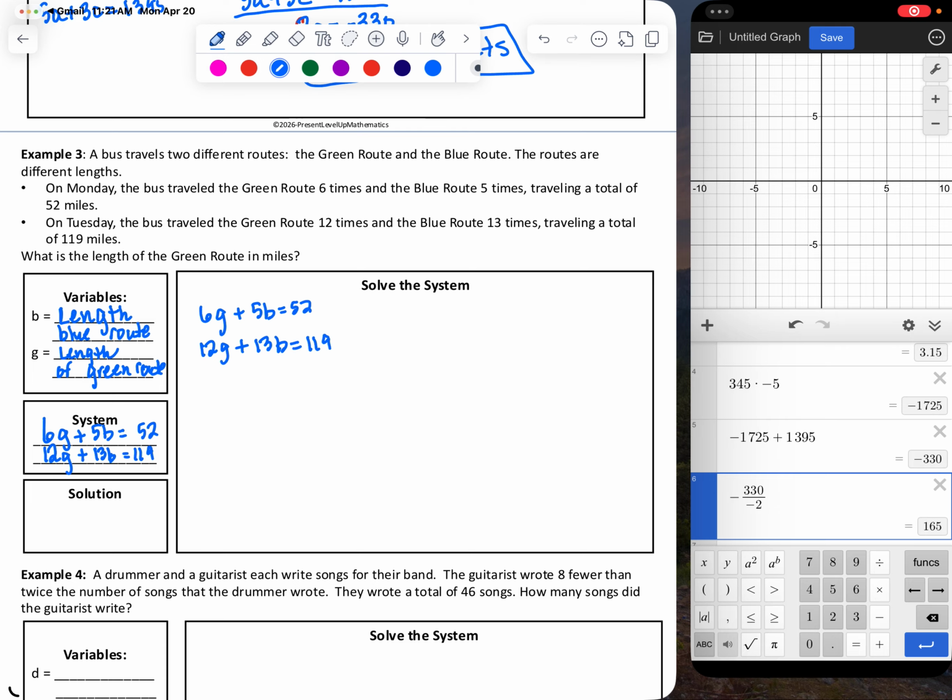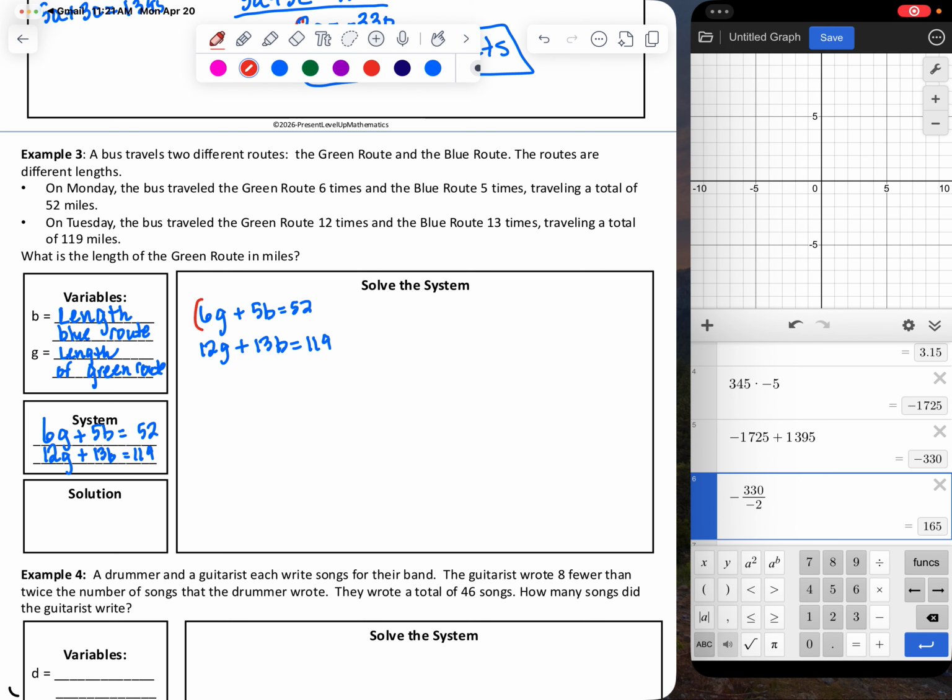Now, look at your G's. I want to obtain opposites right here. So I want to turn that 6G into a negative 12G. So think to yourself about what you would have to multiply by. What would you have to multiply 6 by to turn it into a negative 12? All right, hopefully you said a negative 2.